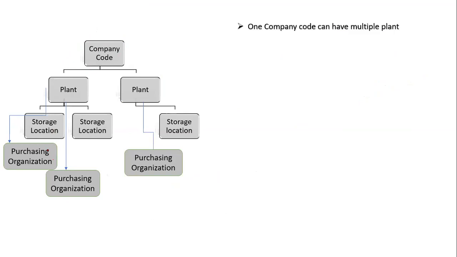One company code can have multiple plants, as you can see in this diagram. One or more storage locations can exist within a plant. Now we'll take the reverse.